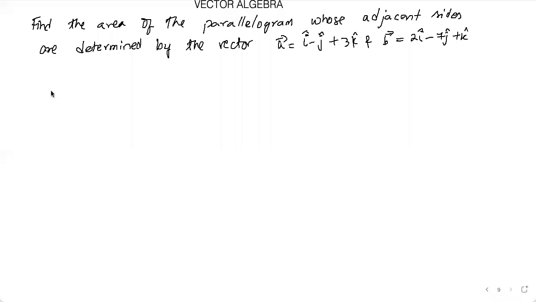So let us find the area of the parallelogram whose adjacent sides are determined by the vectors. A cross B, which is i, j, k, with 1, minus 1, 3 and 2, minus 7, 1.